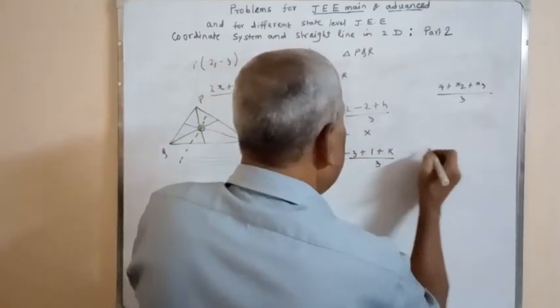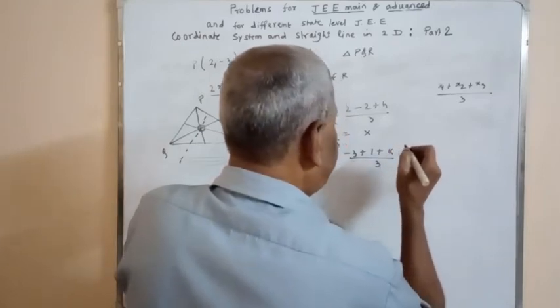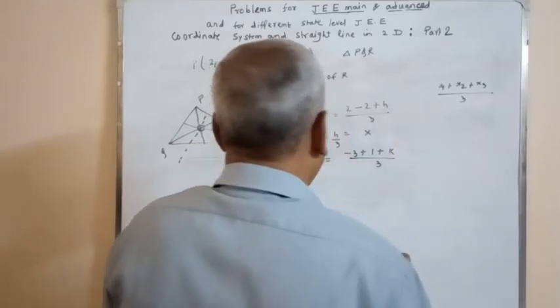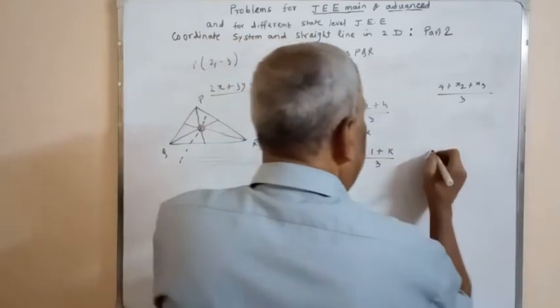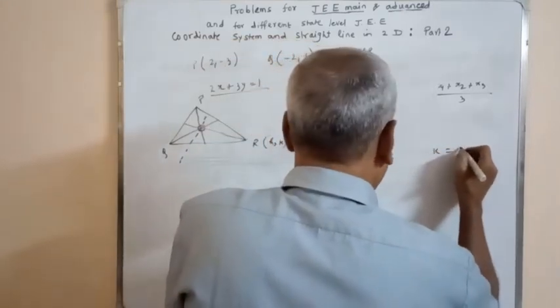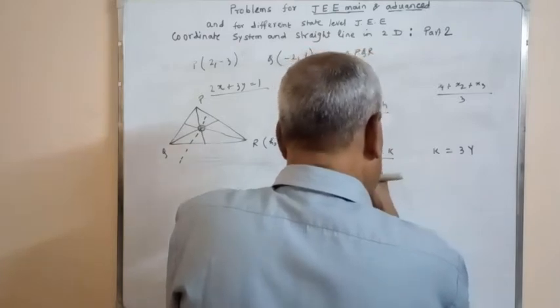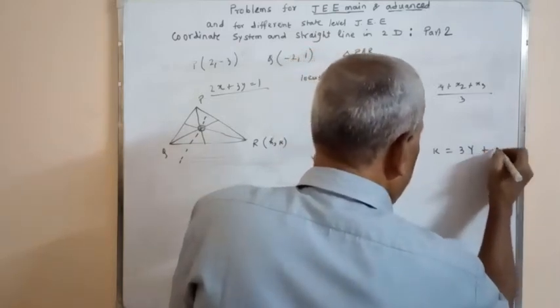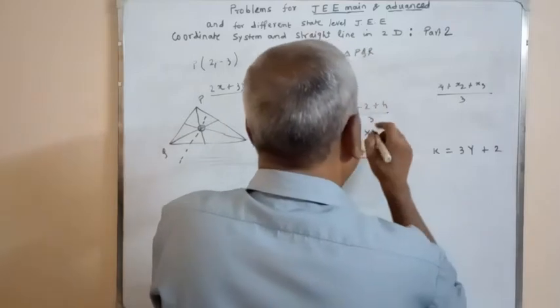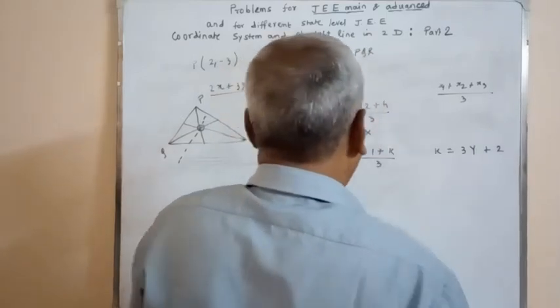That is, k is equal to 3Y. Here it is minus 2, so plus 2. And here h is equal to 3X.